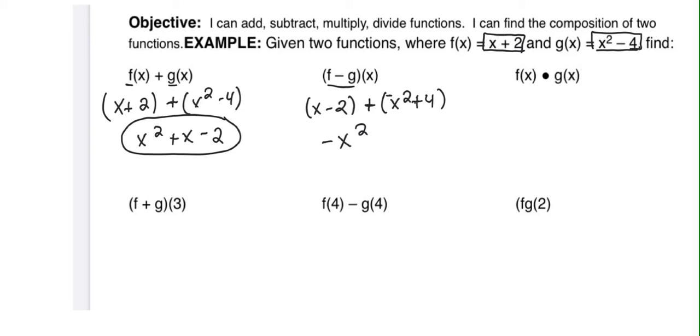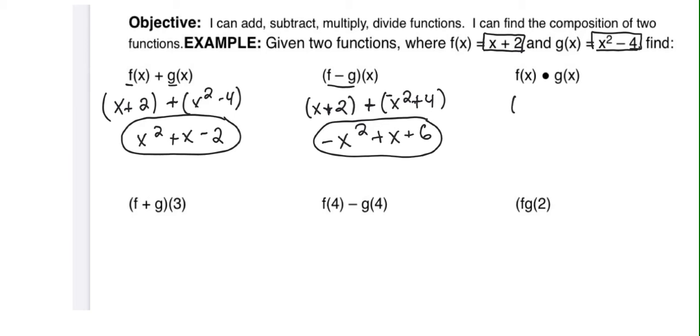So we get plus x, and then, sorry, this should be x plus 2, so 2 plus 4 gives you a positive 6. And there's our solution.